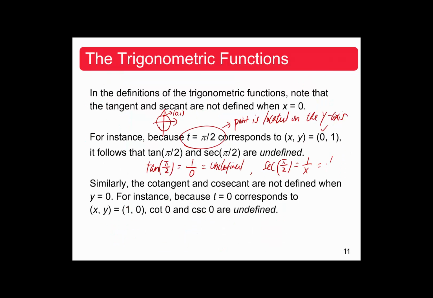So 1 over x is 1 over 0, so that's undefined as well. This is one of the special angles where tangent and secant are undefined. And cotangent and cosecant are not defined when y equals 0.